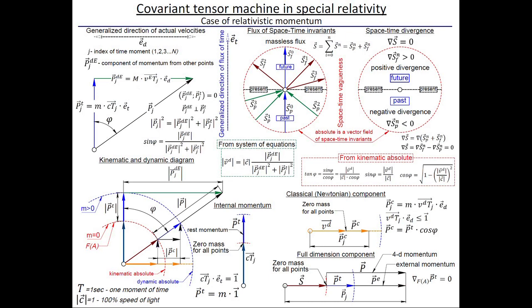Here I know only about the mass law of conservation. To solve the problem, it is necessary to separate the velocity vector and mass from the momentum as a whole. It does help with two absolutes, kinematic and dynamic. The kinematic absolute separates only velocities and the dynamic only mass.